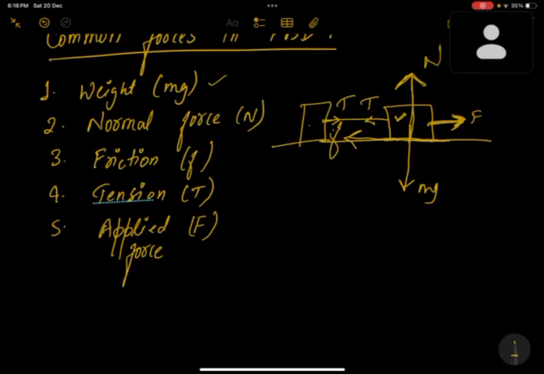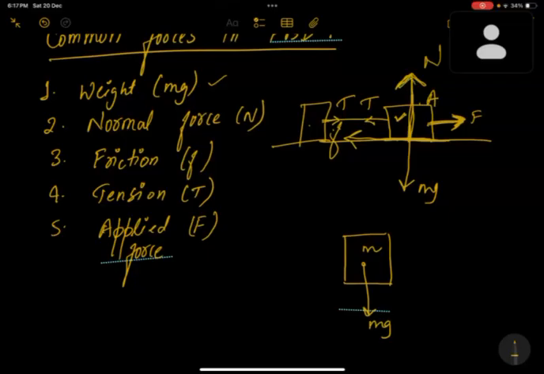And then we write the second law of motion, that is F equals ma. Let's say I call this block A. So now we isolate the block A. First, mention the weight. Let's say its mass is m, then weight will be mg. Second, there is a contact surface, so there will be normal. So normal force n is acting in the upward direction.